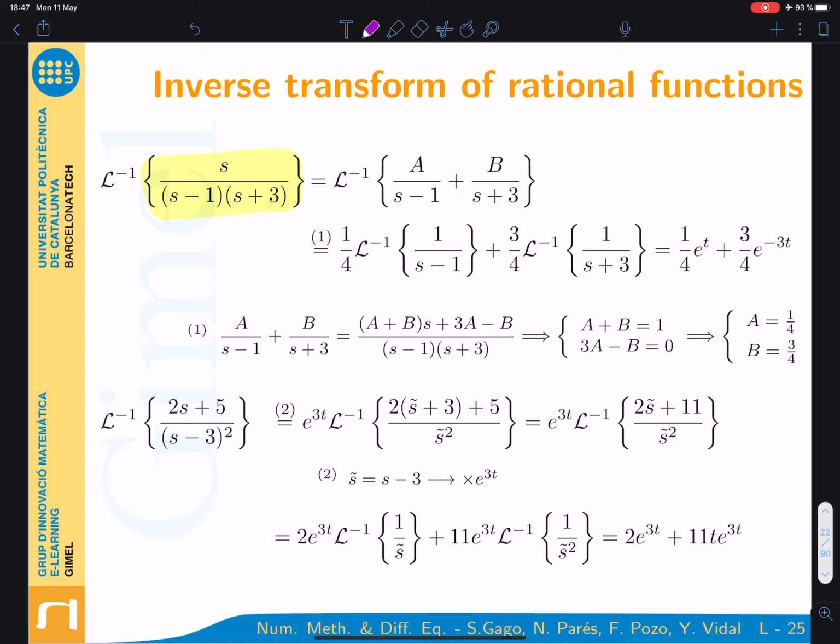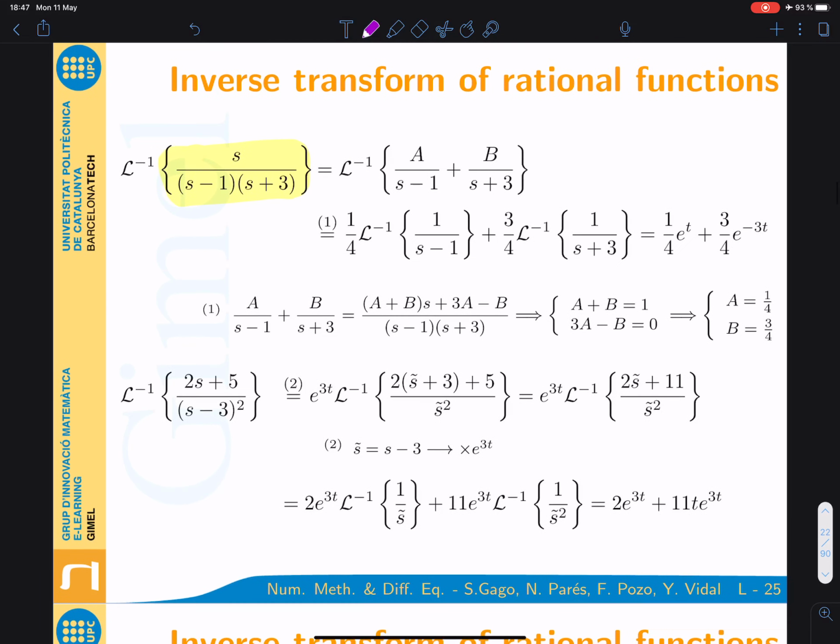When that happens, like in this specific case here, we need to rewrite things in such a way that we can use the table. And when we have rational functions like here, these are rational polynomial functions.